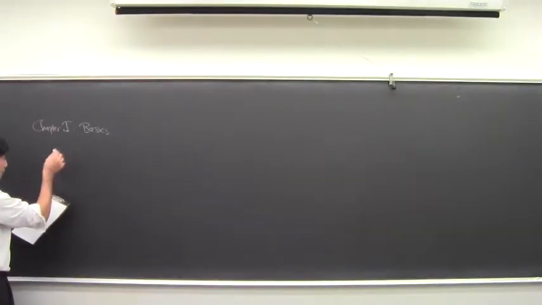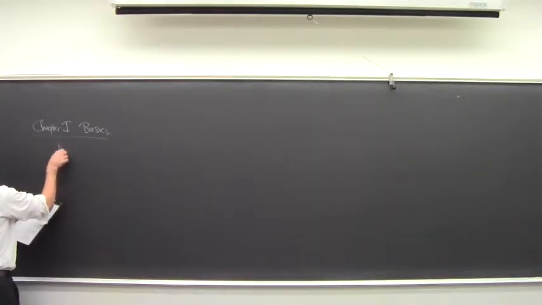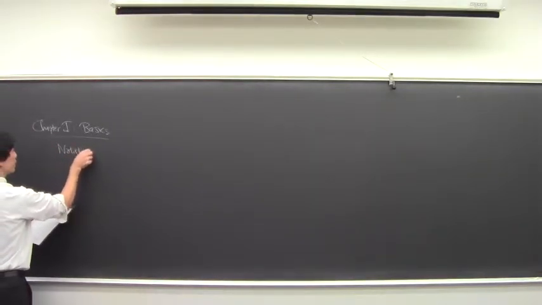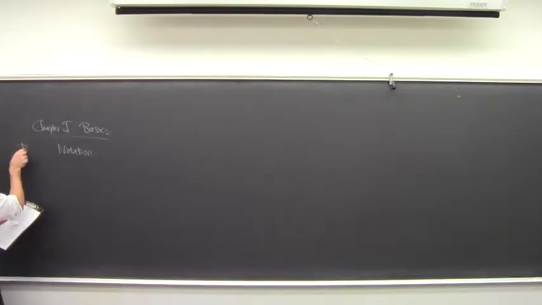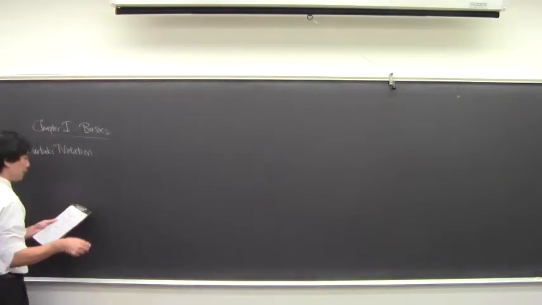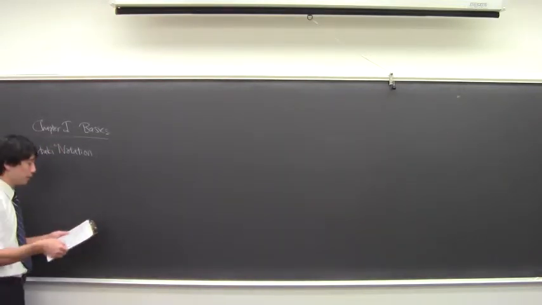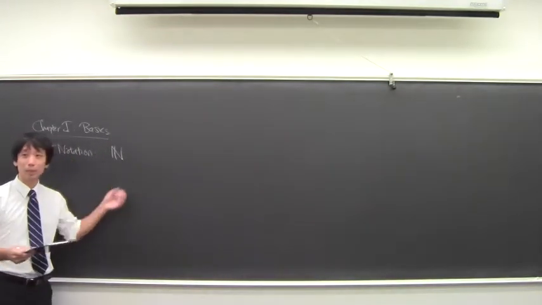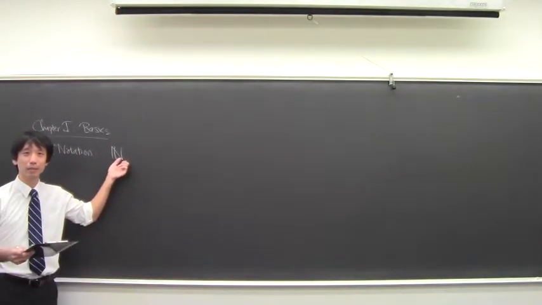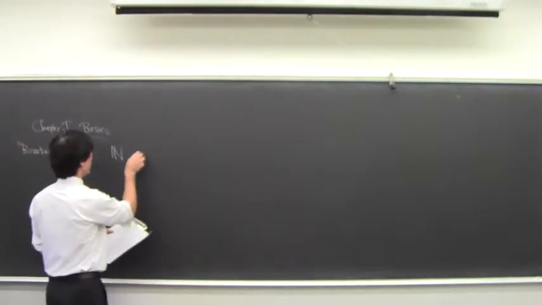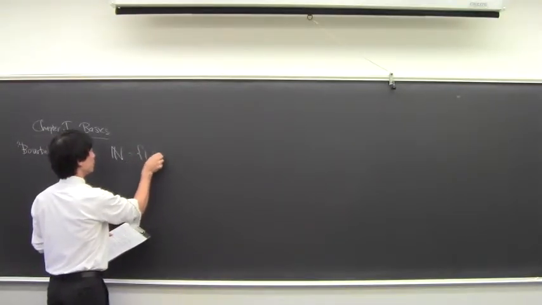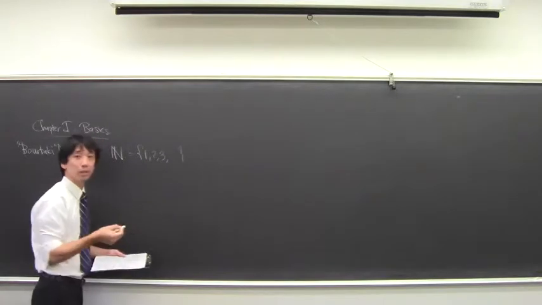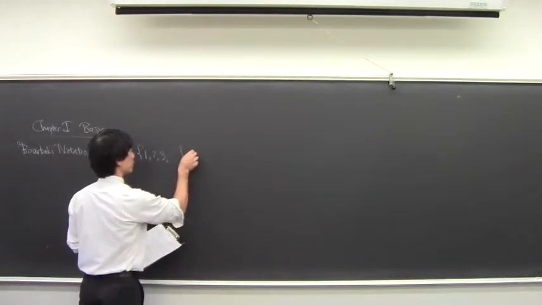Okay. So something very simple to start off with is some notation. This is called Bourbaki notation, B-O-U-R-B-A-K-I. When mathematicians write a fancy-looking N like this, what they mean is the numbers 1, 2, 3, etc., the so-called natural numbers.